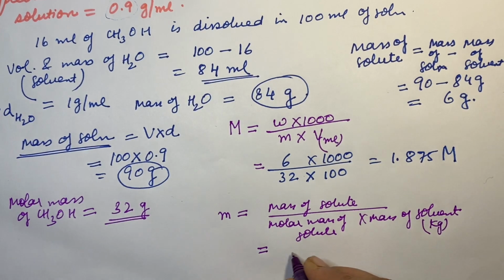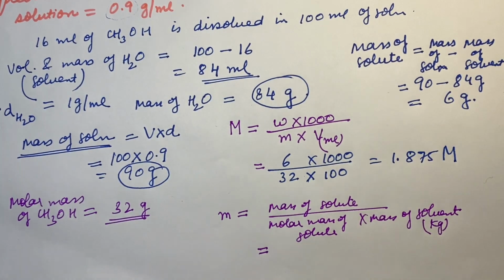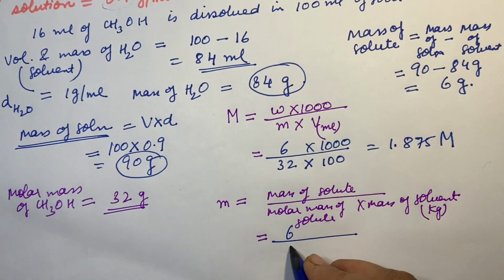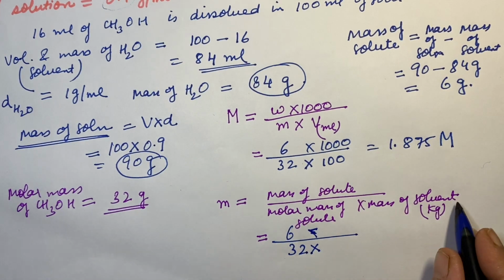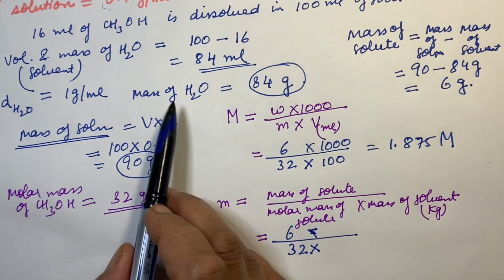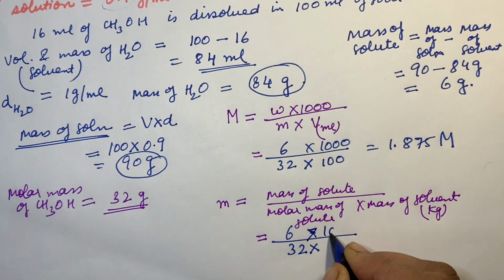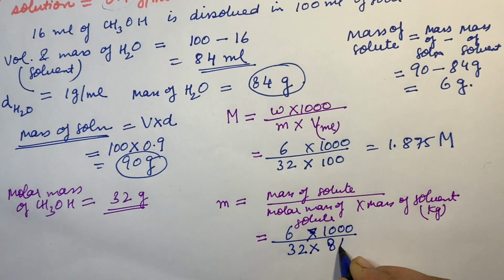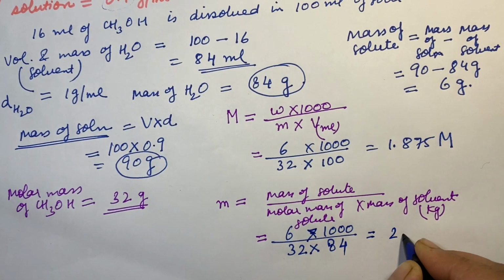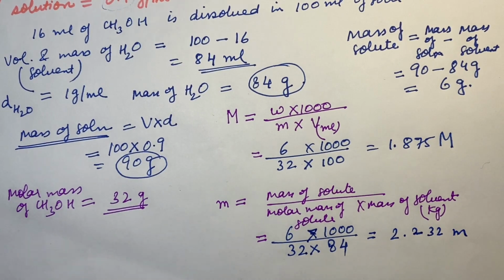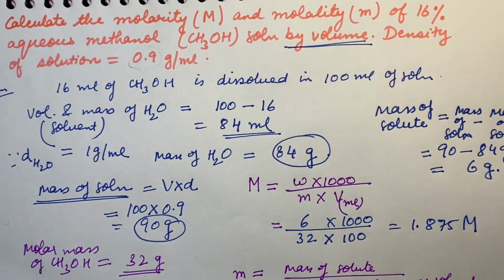So mass of solute is 6, divided by molar mass of solute, which is 32, multiplied by the mass of solvent in kg. Mass of solvent in kg means 84 grams, or you can just multiply by 1000 in the upper one and here 84. When we solve it, you will get 0.232 molal solution.